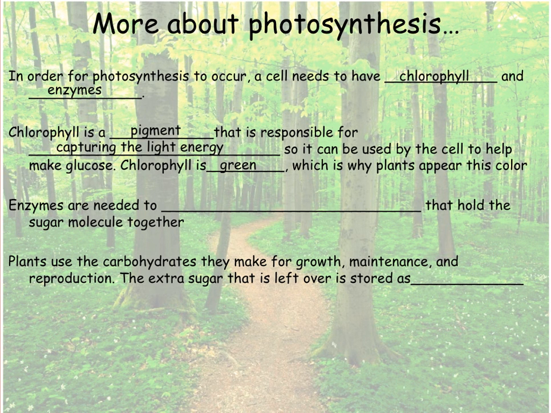Additionally, remember that photosynthesis is a chemical reaction, and that just like all important chemical reactions that occur in cells, in order for photosynthesis to occur, the cells need to have enzymes.